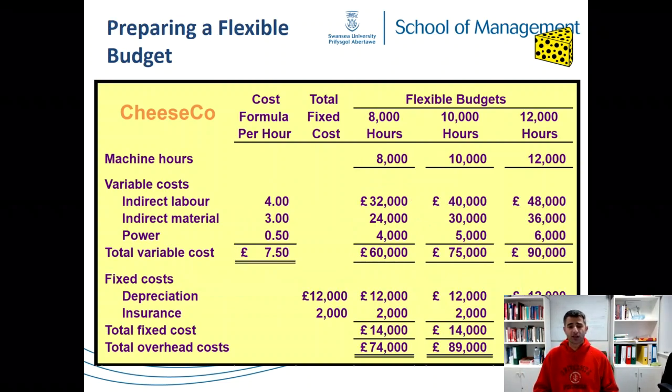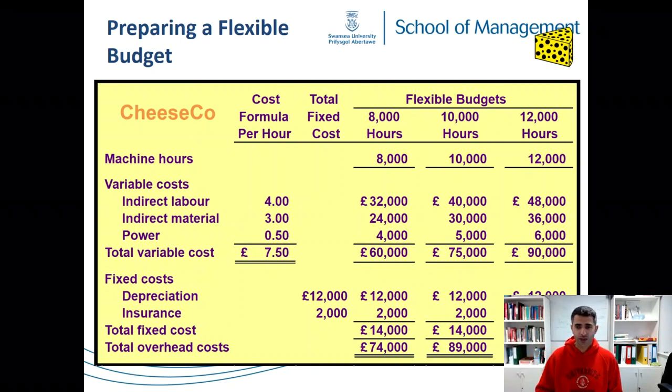The question is, you need to use the static budget, the 10,000 hours, to calculate the variable cost per unit. If you look below, you see the fixed costs, including the depreciation and the insurance. Depreciation is a fixed cost, and if you go back to the previous slide, you see that total fixed costs do not change with the production or the level of activities.